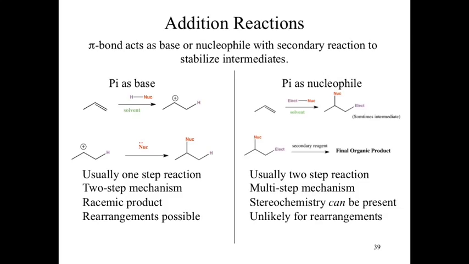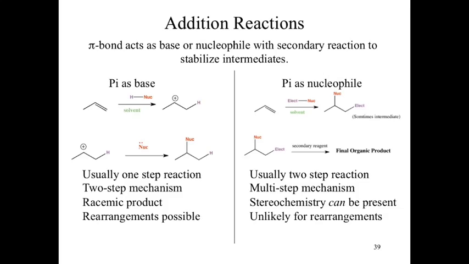If the pi bond acts as a nucleophile, it will need to react with an electrophile, and we may end up making, it's not quite an intermediate, but we may end up making another product. That product usually runs through a secondary reagent to then push us to our final organic product. So when we're looking at the pi bond as a nucleophile, they're usually 2-step reactions.